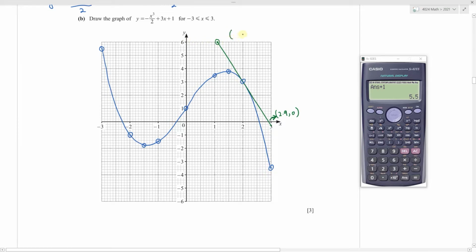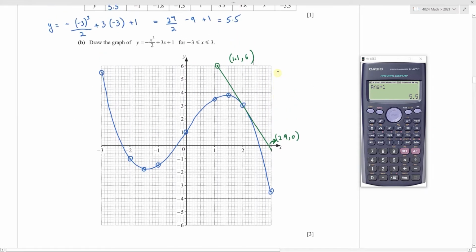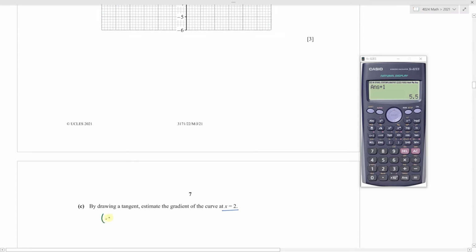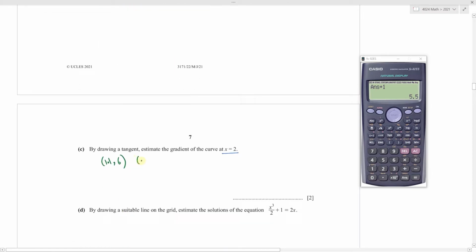The y value is 6 and the x value is 1.1. So these are the 2 points that I will use to calculate my gradient of the curve: 1.1 and 6, and the other point is 2.9 and 0.